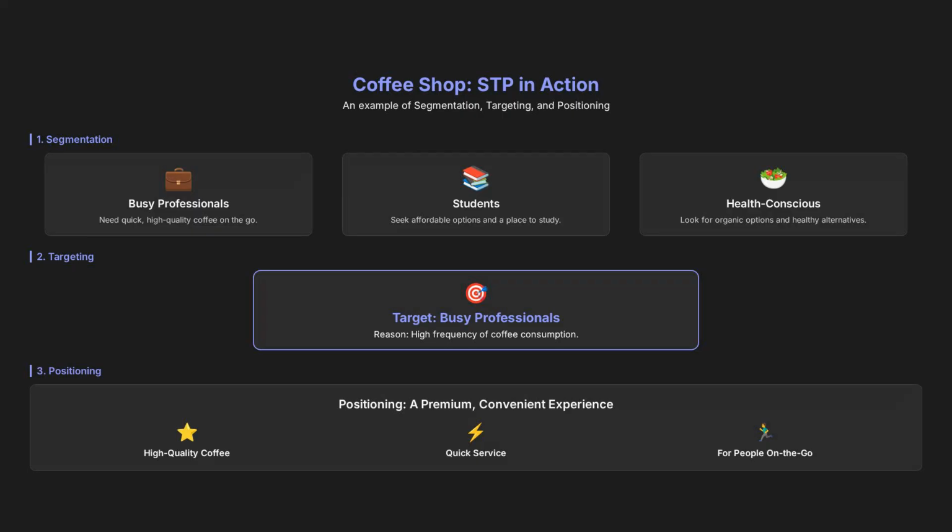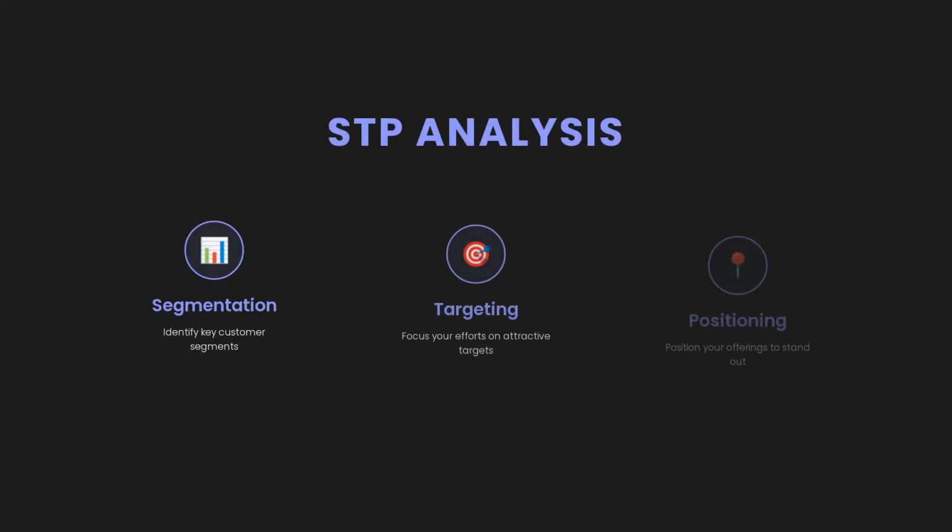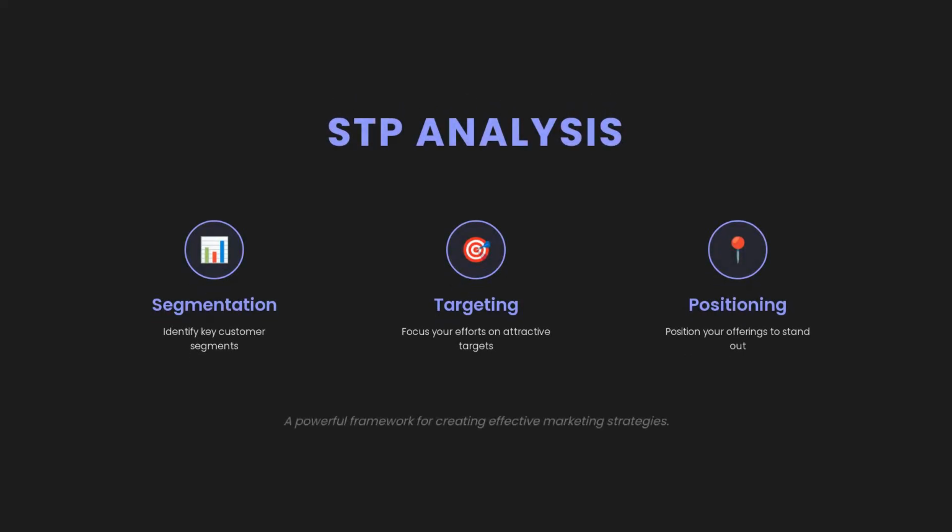It might choose to target busy professionals due to their high frequency of coffee consumption. The coffee shop could position itself as a premium, convenient option for professionals on the go, offering high-quality coffee and quick service. That's segmentation, targeting, and positioning analysis, a powerful framework for creating effective marketing strategies.